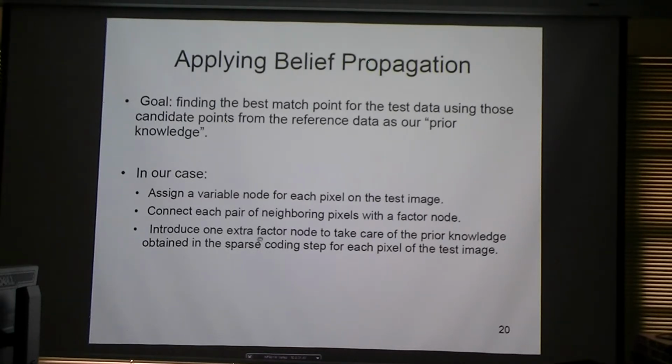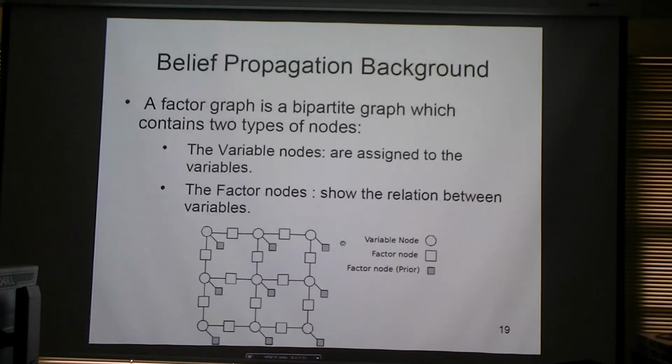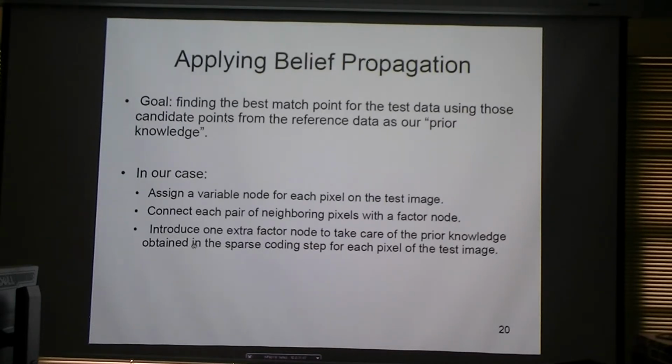We also have one extra factor node, which you can see here in gray, to take care of the prior knowledge obtained from the candidate points we found in the sparse coding step.